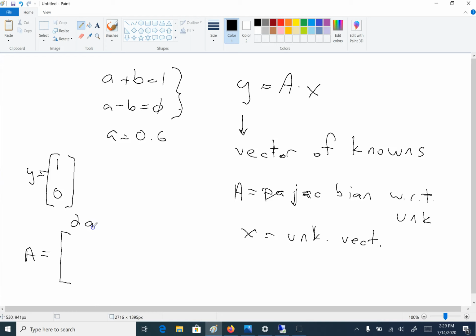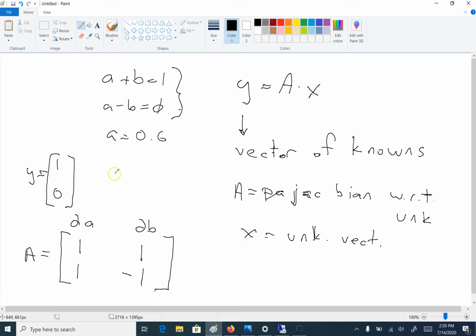First, the partial with respect to A and the partial with respect to B. The partial with respect to A in the first equation is 1. Partial with respect to B is also 1. For the second one, it's 1 and minus 1.